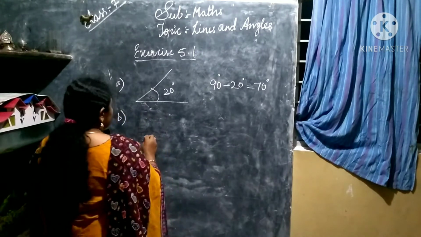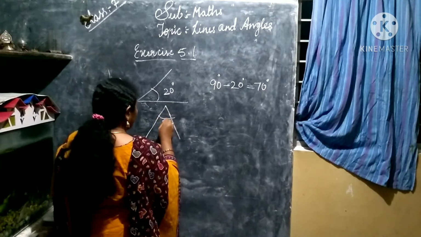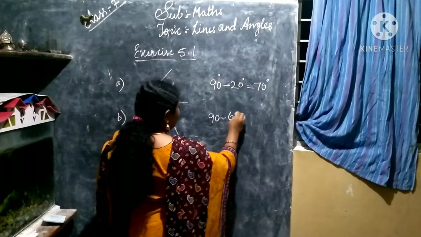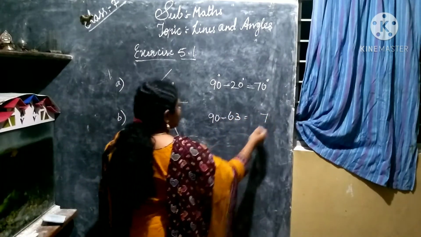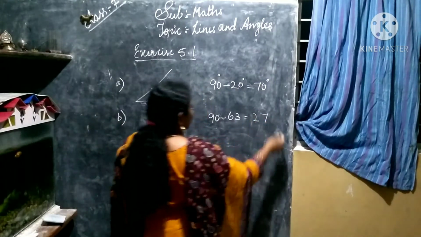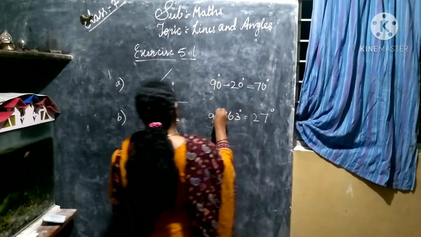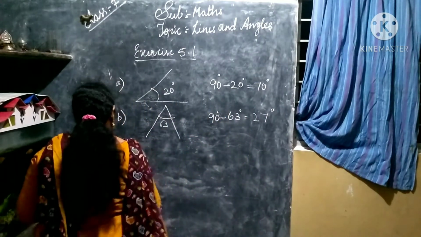As it says, 63 degrees. Therefore, 90 minus 63, 27. So, 27 degrees is the complement of the second angle.